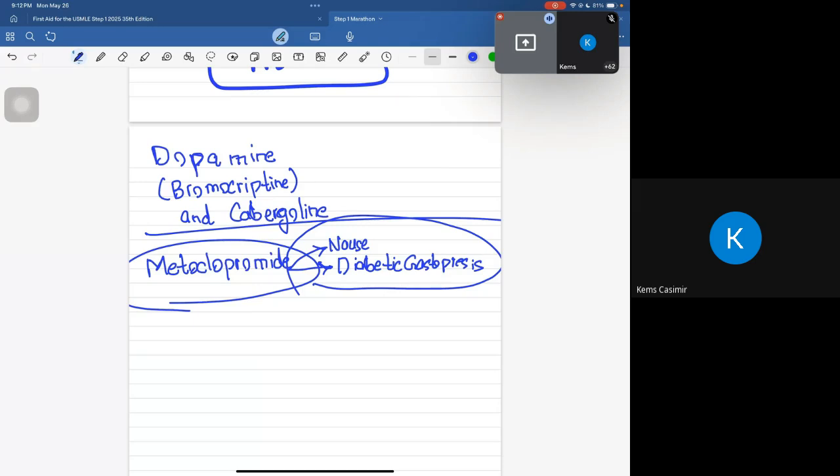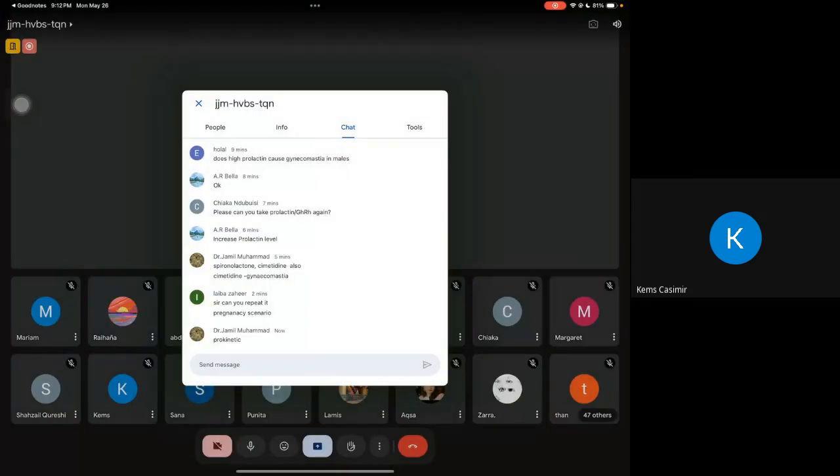But 2 months later, the patient returns to you having infertility or galactorrhea. What is the most likely mechanism of this? The most likely answer is that metoclopramide is an anti-dopaminergic, and that is going to cause increased prolactin secretion, right? So remember, prolactin is very important. I'm repeating it again and again, right?